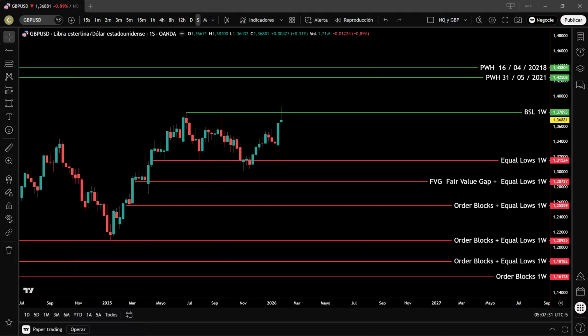This market inefficiency is typically filled before the price continues its primary trend. Further down, the chain of order blocks at 1.255 and 1.209 acts as our structural safety net. The short-term target remains the capture of the buy-side liquidity at 1.378, however, we must watch for a potential liquidity run into these lower red levels to balance price before the next momentum move higher.